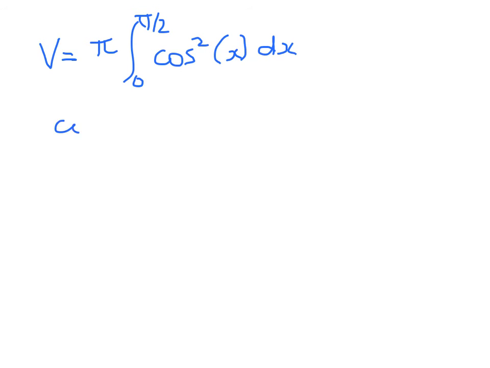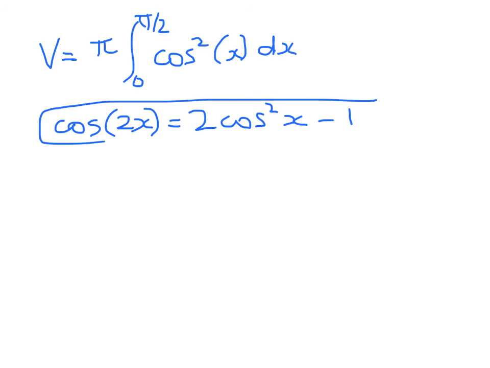Okay, so V is equal to pi times this. So cos of x squared is the same as cos squared of x dx, and you'll remember, hopefully, that the incredibly useful trig identity of cos 2x will pop up with this.